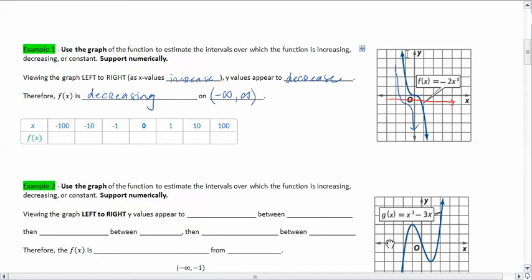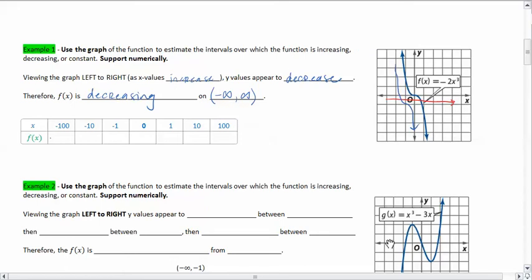So in order to check this numerically, we can construct a table of values and plug them into our f of x. So I have negative 100, negative 10, negative 1, 0, 1, 10, 100. Our f of x is equal to negative 2x cubed. So we plug these values in.